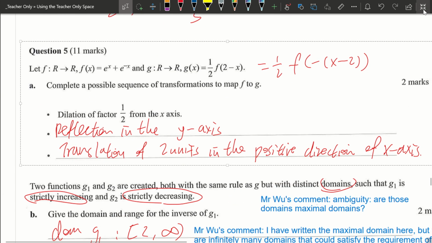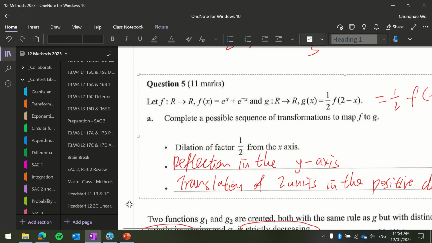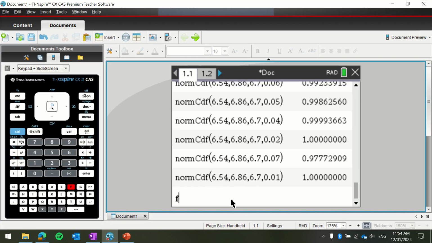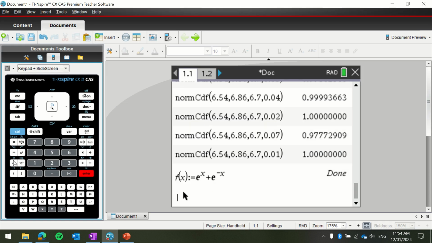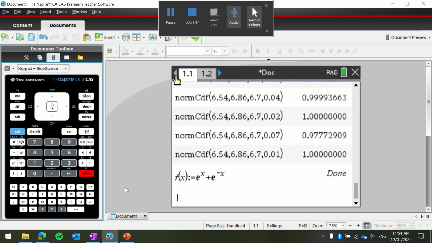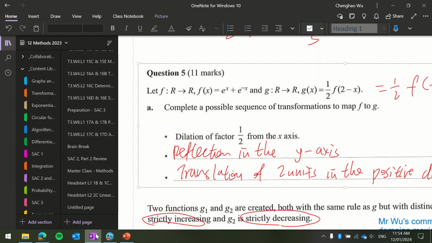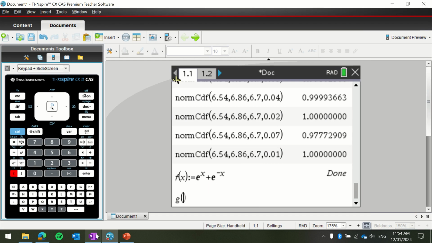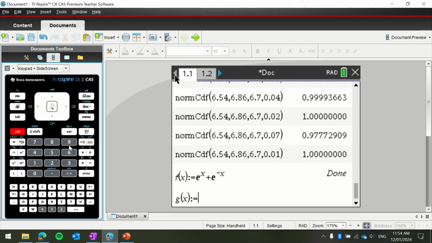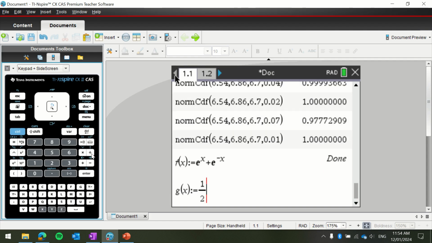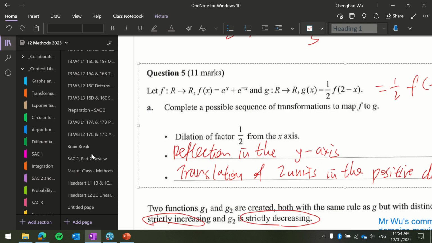Let's actually do it. What have I got? f(x), that I can define as e to the x plus e to the negative x, and then g of x I can also define, that's a half times f.